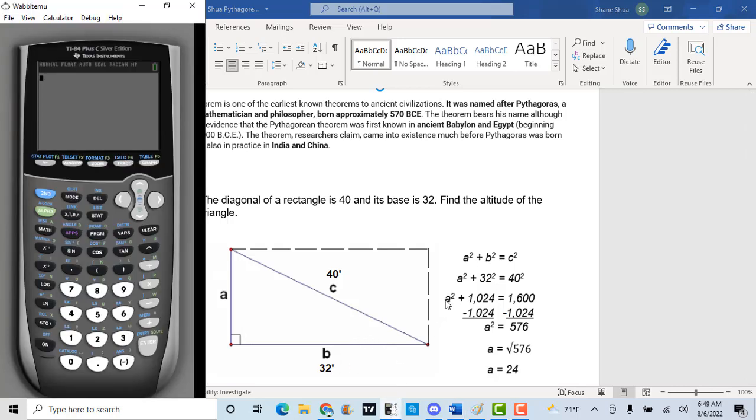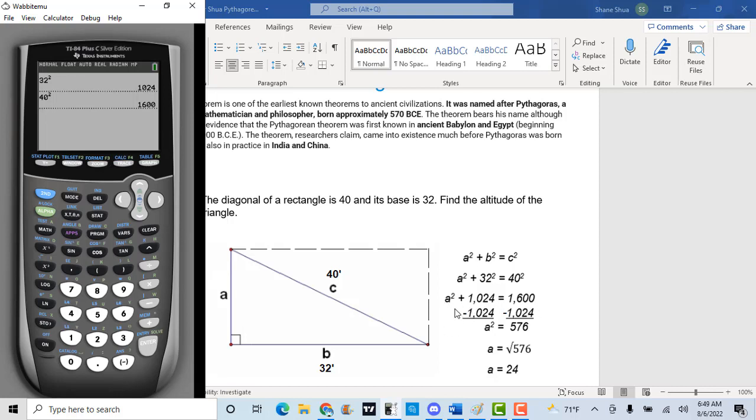So a squared plus 32 squared. 32 squared is 1,024. Then 40 squared is 1,600. So a squared plus 1,024 equals 1,600.